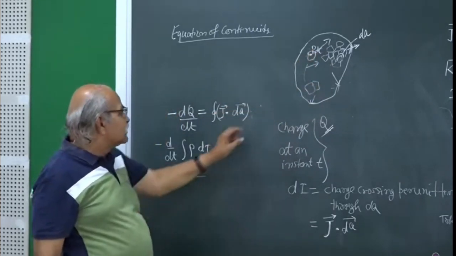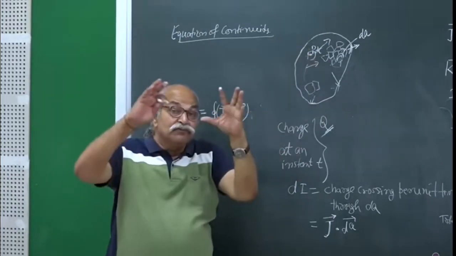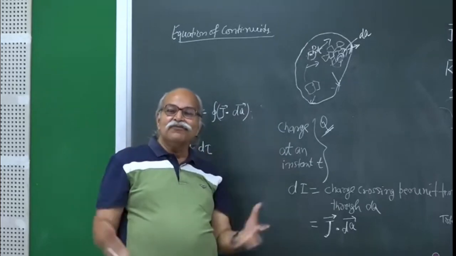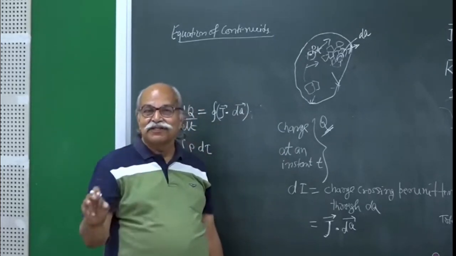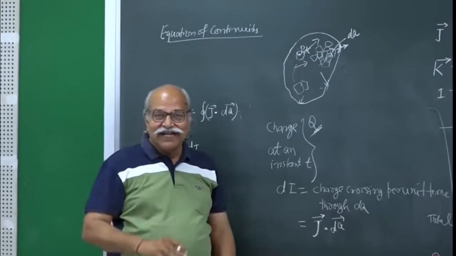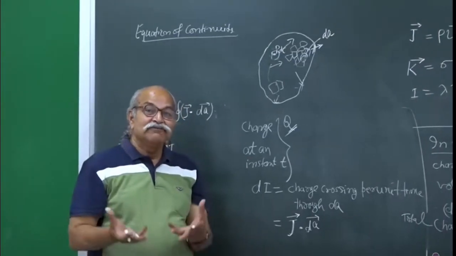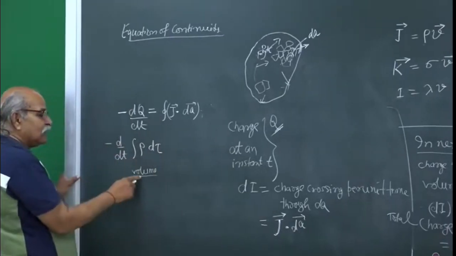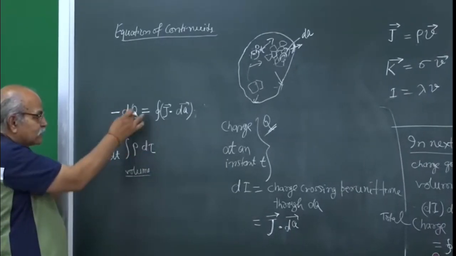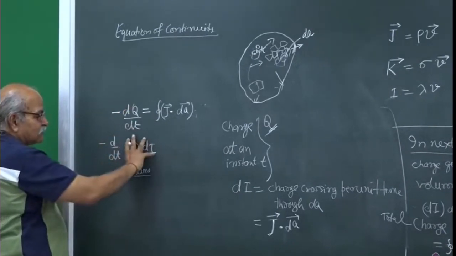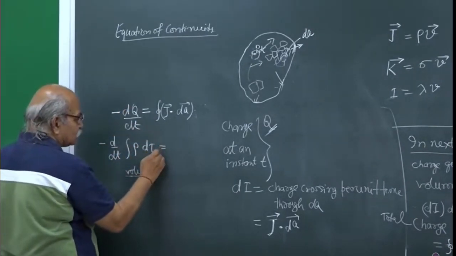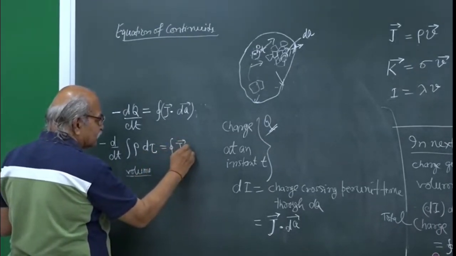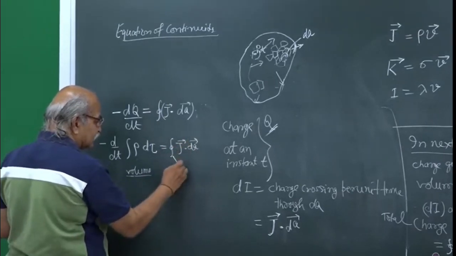So, rho d tau, that is the charge here, and similarly the entire volume is now to be taken care of. So, in this whole volume we are taking small d tau, d tau, d tau everywhere, and then adding them together to give that capital Q. So, it is rho d tau integrated over the entire volume. This is this Q. So, minus d/dt of this charge should be equal to the integration of j dot dA, and this is that surface.